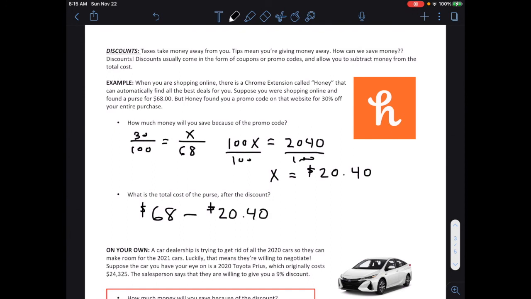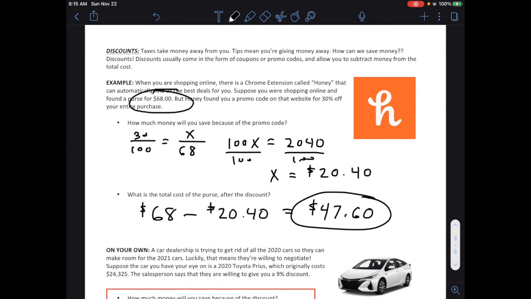So when we subtract $20.40 from 68, we end up with $47.60. And whenever you're doing discounts, it's always a good idea to compare your answer to the original price, because your answer should always be less than the original price.